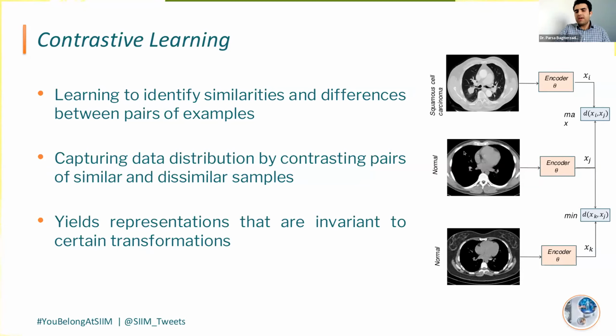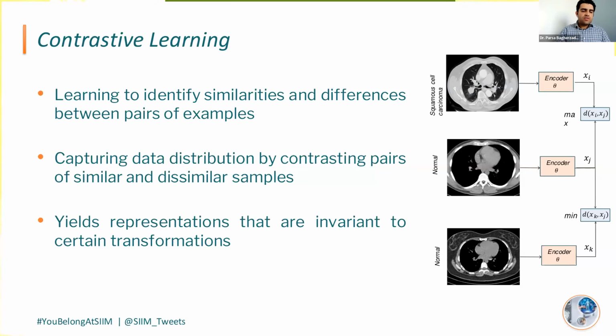For instance, here we have 3 scans of lung. Here we have two normal scans and one with squamous cell carcinoma. So we know that these two scans are normal and similar, and these are not similar.